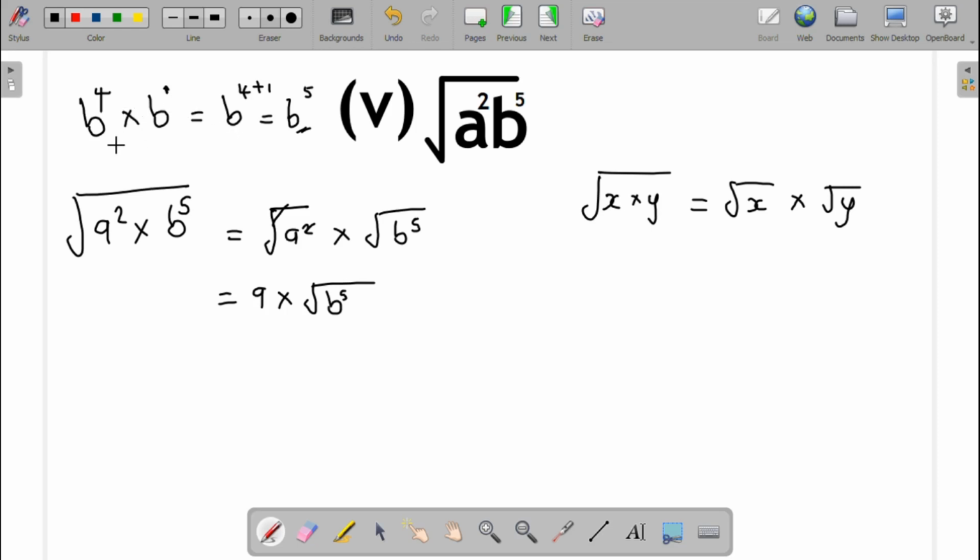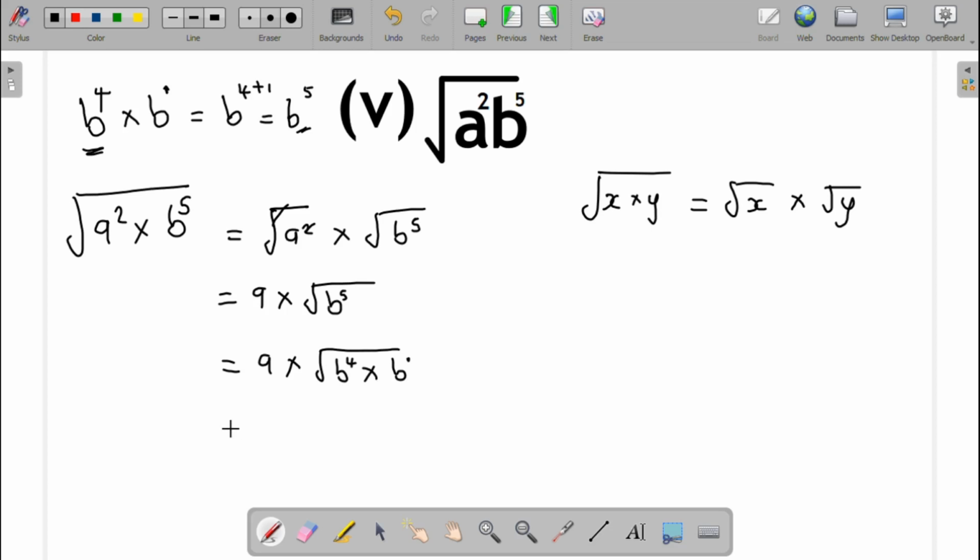Now b raised to power 4 is a perfect square number. It is multiplied by another factor b, which gave us b raised to power 5. Now, instead of writing b raised to power 5, I will put down b raised to power 4 times b raised to power 1. So therefore, a times root b raised to power 4 times b raised to power 1.